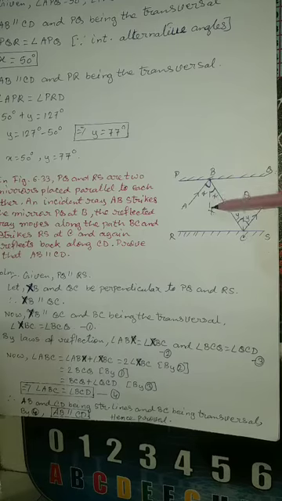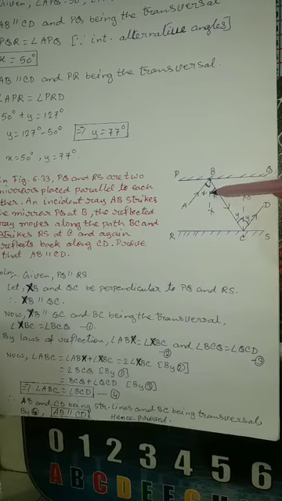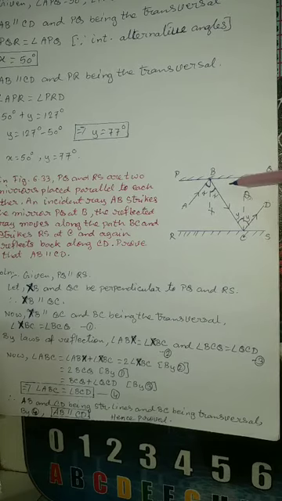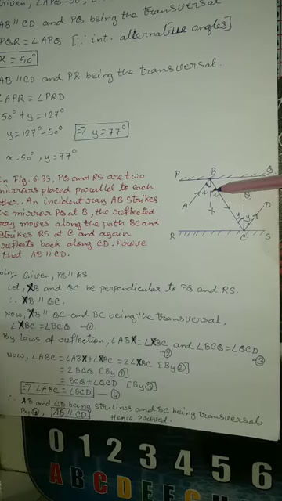And the angle which the normal makes with the reflected ray, that is this one, is known as the reflected angle. Now, by the law of reflection, the incident angle is equal to the reflected angle. That means these two angles will be equal. So, if this is x, this angle will also be x.